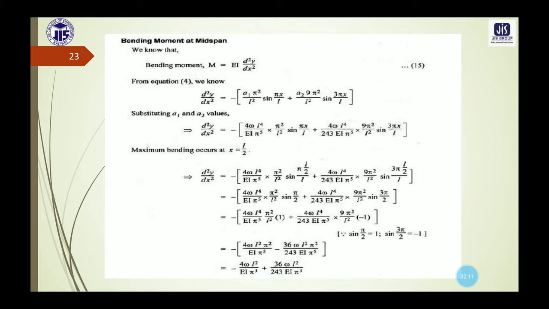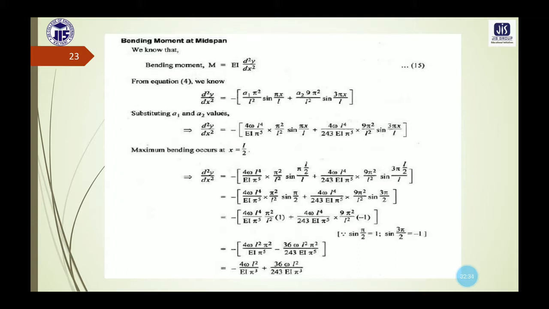In the seventh step, we need to calculate the bending moment at the mid-span. The formula for the bending moment is M equals EI d2y by dx2. The value of d2y by dx2 is already known to us. In this equation we need to put the values of a1 and a2.